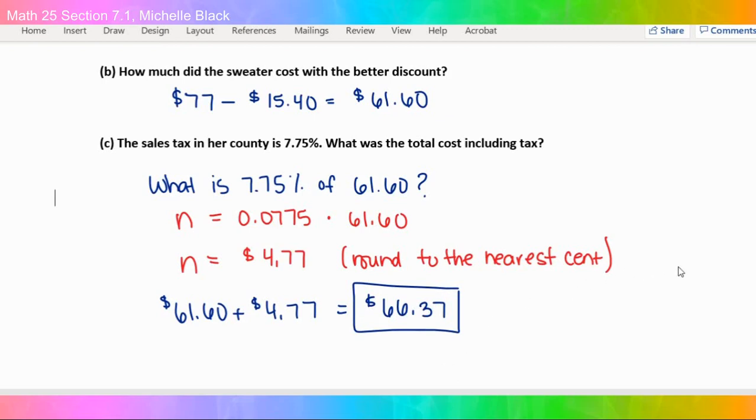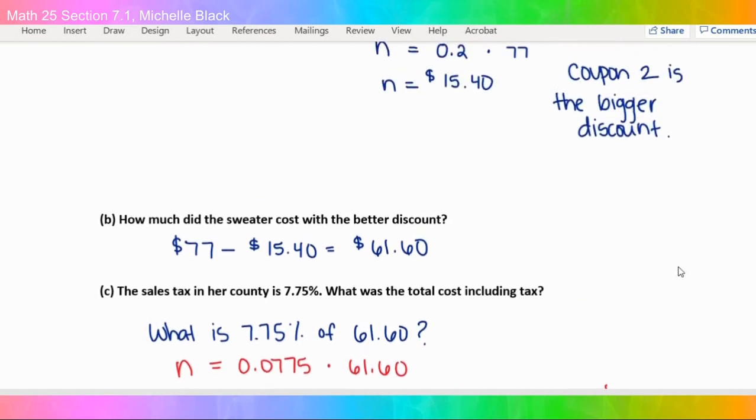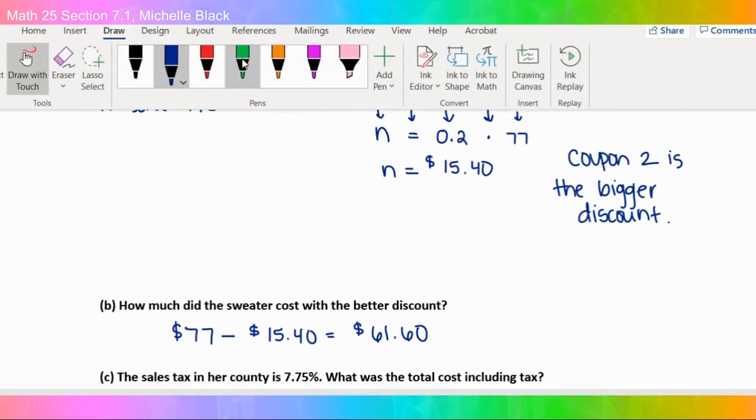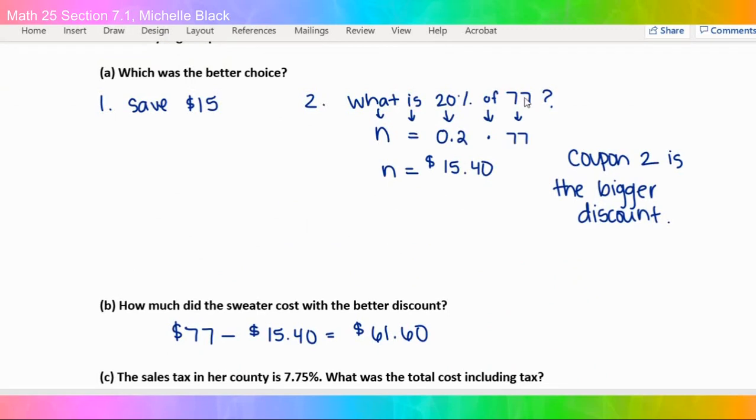I want to point something out in this problem, so I'm going to back up to parts A and B. You could directly jump from the $77 to the $61.60 without having to do 2 steps if instead of figuring out what 20% of $77 is, you figured out what 80% of $77 is. Because think of it this way, if you're saving 20%, then that means you're only paying for 80%.